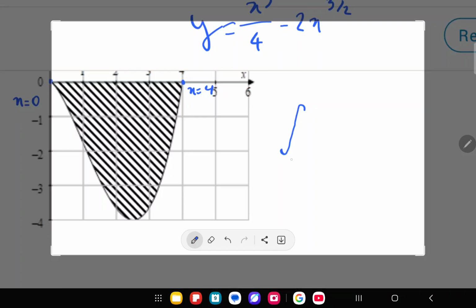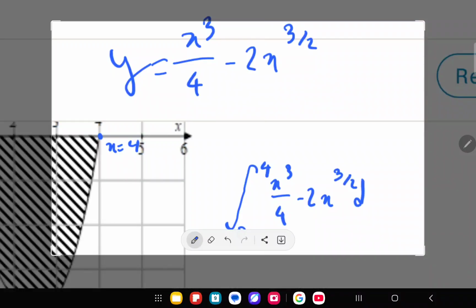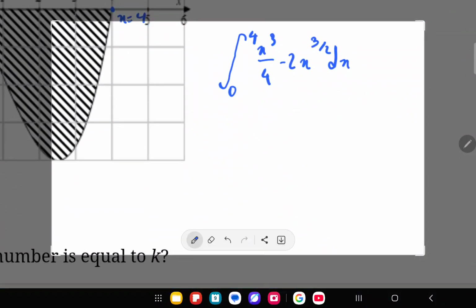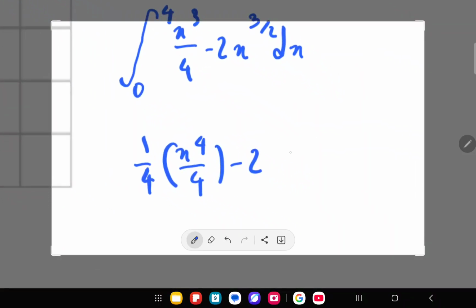So we integrate 0 to 4 of x power 3 over 4 minus 2x to the power of 3 over 2 with respect to x. Now we just integrate the inside. We get 1 over 4, we leave out the coefficient, we get x power 4 over 4 minus 2, and then x power 3 over 2 becomes x power 5 over 2, since 3 over 2 plus 1 is 5 over 2, over 5 over 2.